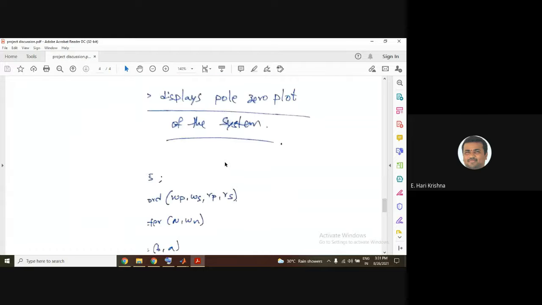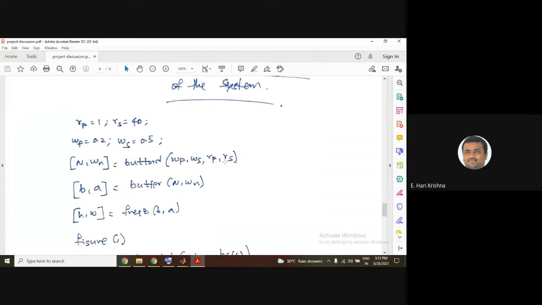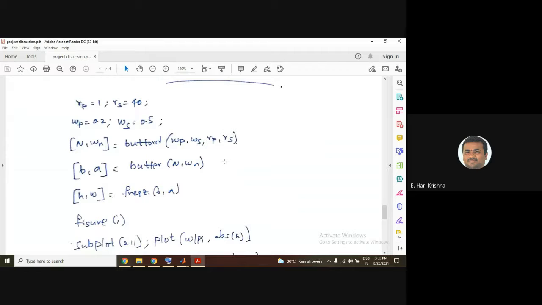I have given one program here. Just try to do this program. I already forwarded this PDF file to Rahul, and Rahul will share it with you. The pass band ripple is 1 dB. The stop band ripple is 40 decibels. The pass band frequency is 0.2, this is a digital frequency. The stop band frequency is 0.5.